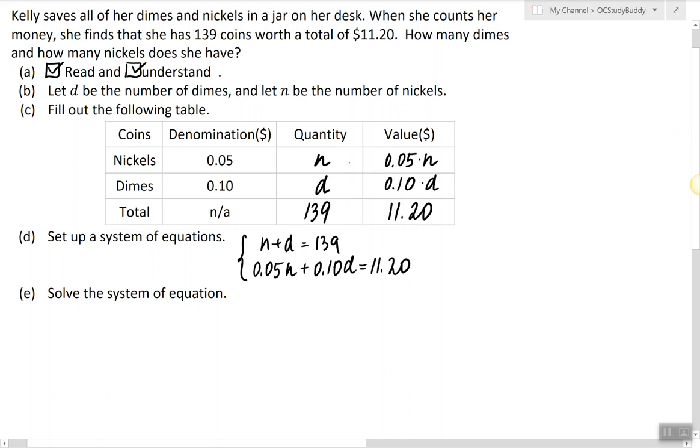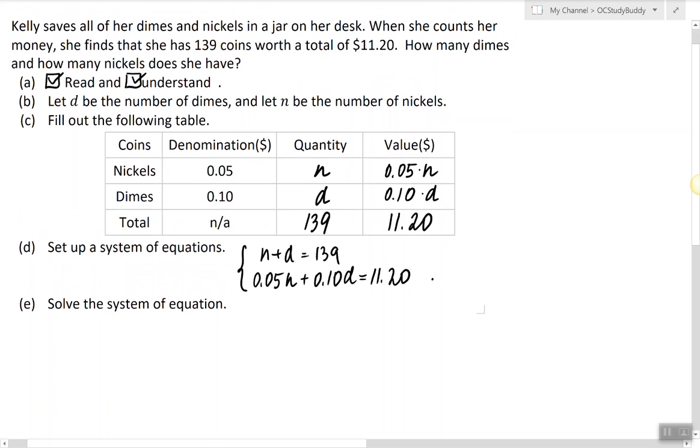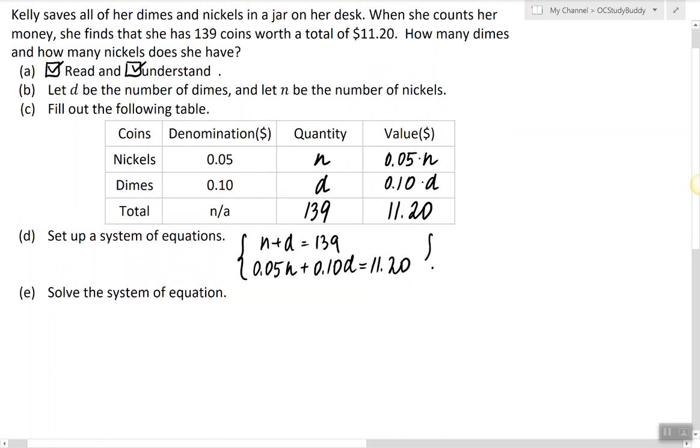So now to solve the system, first I'm going to try to write it in the simplest possible way. So I'm going to clear the decimals in the second equation by multiplying everything by 100. So we have 5n plus 10d equals 1120. And I can further simplify it by dividing everything by 5.